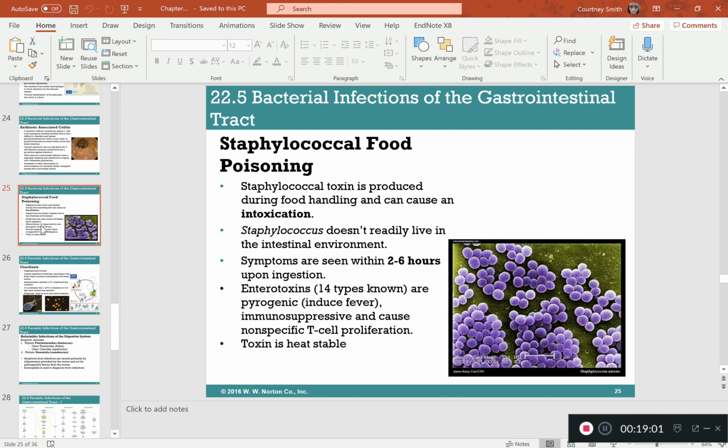So what will happen is that food is going to be contaminated with the toxin, making the food intoxicated. And then even though you prep the food correctly, that toxin is very, very heat stable. So meaning just because you cook your food properly, you may have killed the staph, but you did not kill the toxin. So you'll ingest that endotoxin, and then that toxin will induce a fever.